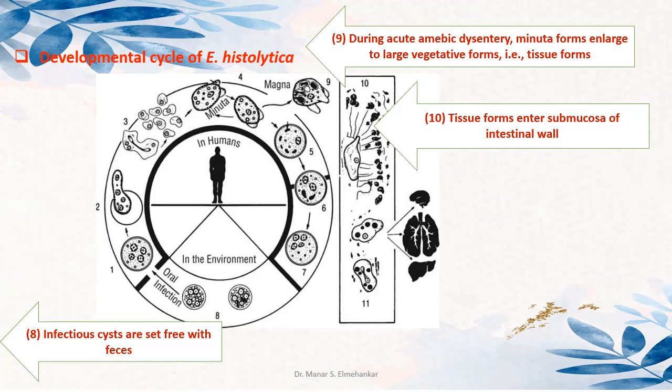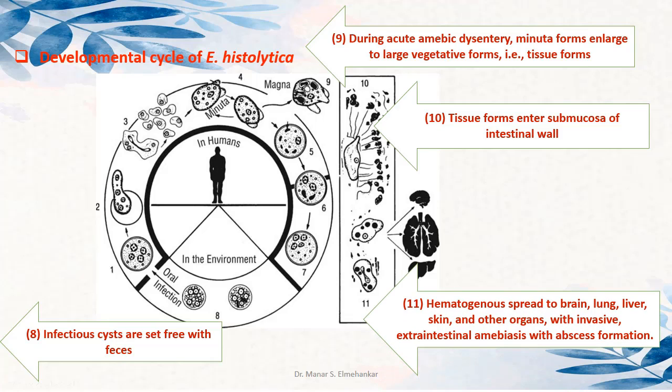And number 10, tissue forms enter the submucosa of the intestinal wall. Then blood spreads them to the brain, lung, liver, skin, and other organs with invasive extraintestinal amoebiasis with abscess formation.